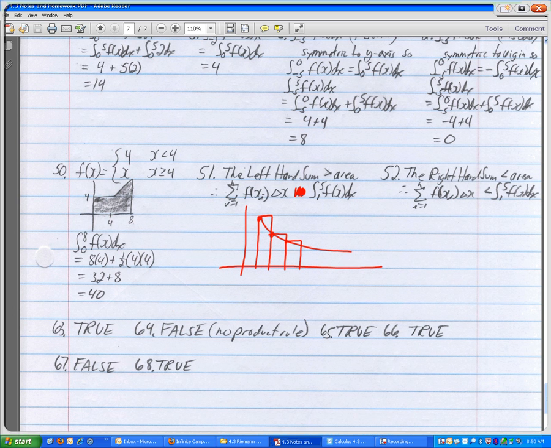So is that going to be too big or too little? Too big, so greater than. If the graph looked like that, and we use left-hand intervals, then they'd all be inscribed rectangles, and it'd be less than.